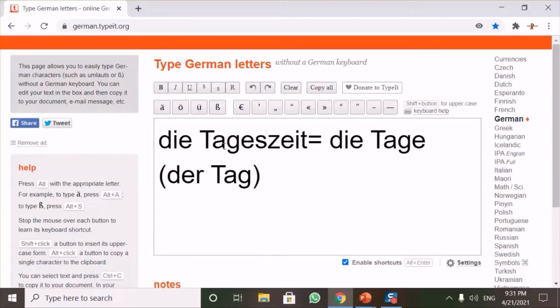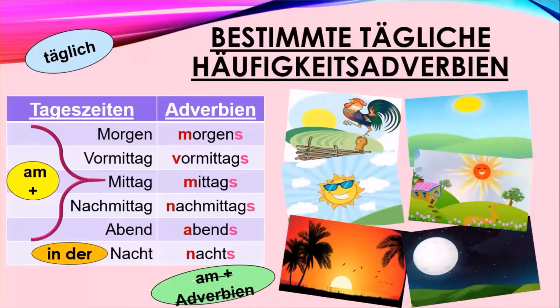But for this compound noun, we are combining die Tage with the noun die Zeit, which is time. And the S is used to combine these two nouns. So it becomes die Tageszeit. Time of the day is die Tageszeit, and times of the day is die Tageszeiten in plural.